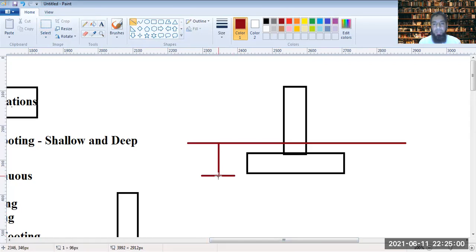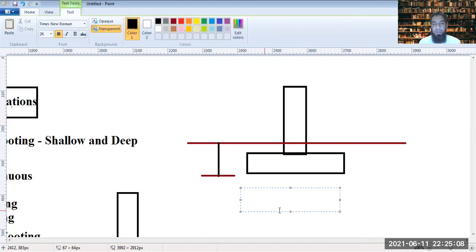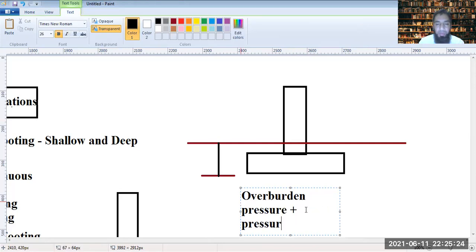From here to here, there is already a ground level. So the overburden pressure has to be taken into account. One is the overburden pressure, and the other is the pressure due to load.